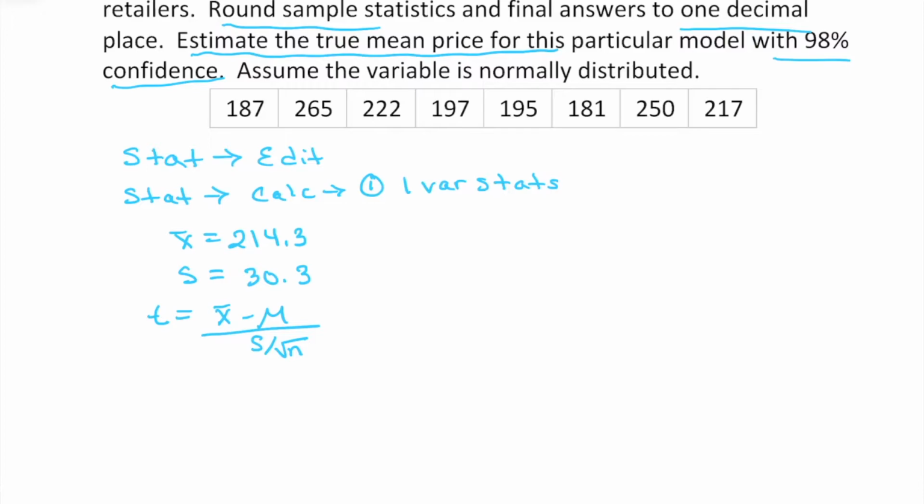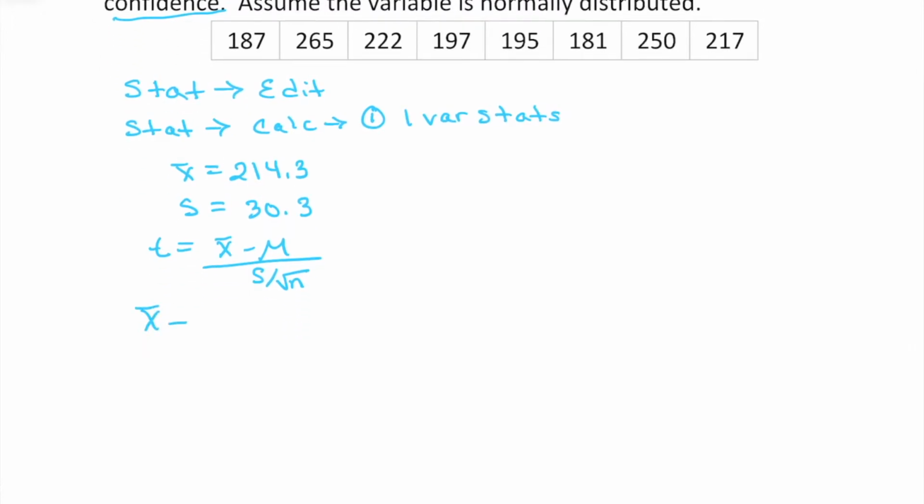We can use algebra to solve for mu, which helps us find both sides of this 98% confidence interval, our upper bound and our lower bound. If we were to do that, we would end up with this formula here that helps us find the confidence interval for a sample when our standard deviation is not known.